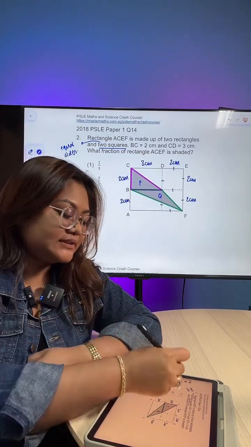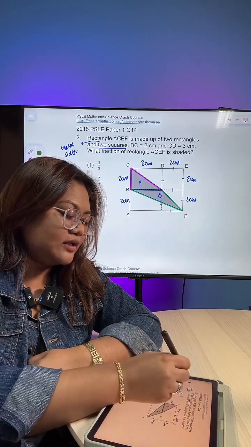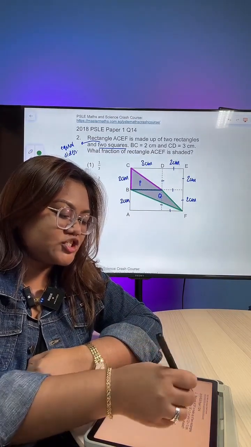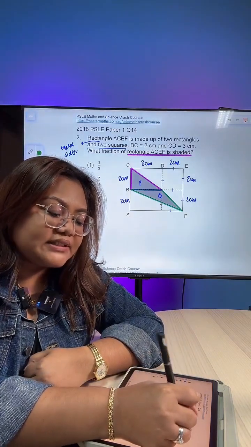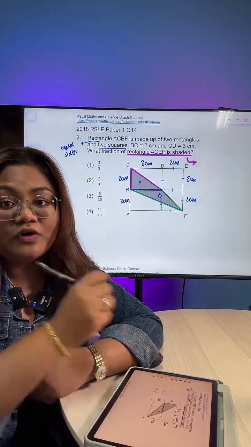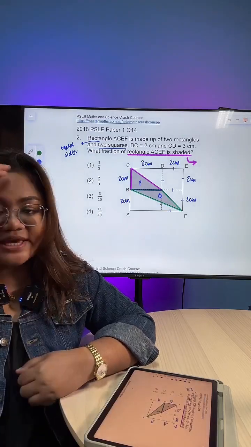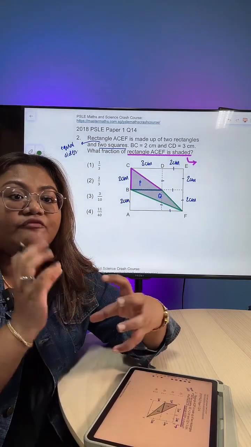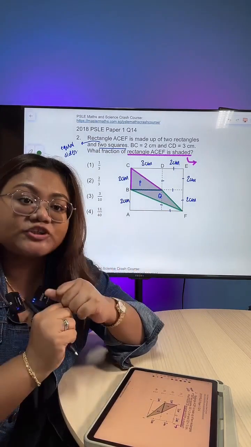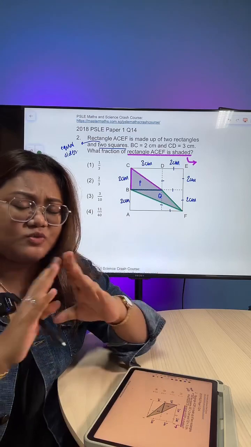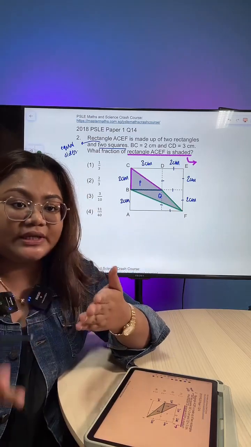We are asked to find the fraction of rectangle ACEF that is shaded. So your next thought process is to understand what the question is asking for. They want rectangle ACEF that is shaded and they want it in a fraction form. Okay? So for fraction form, find everything seems to be very overwhelming. So let's break it down.